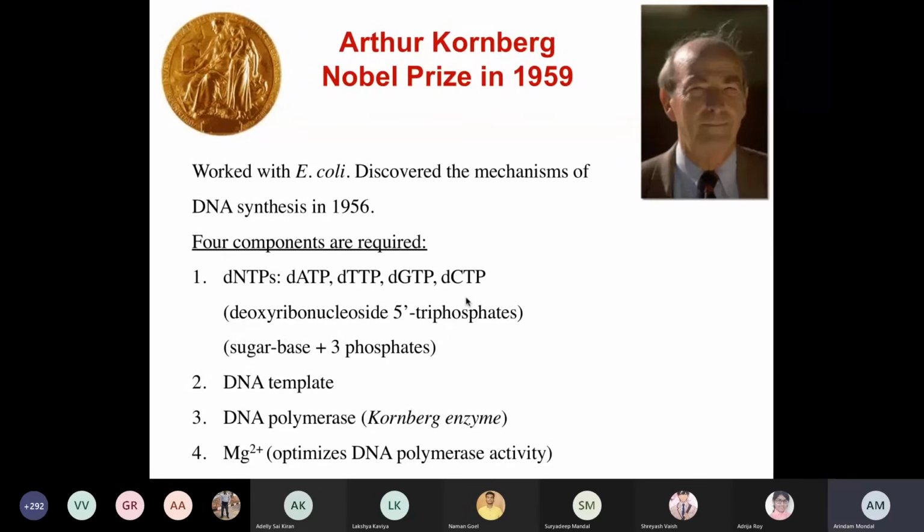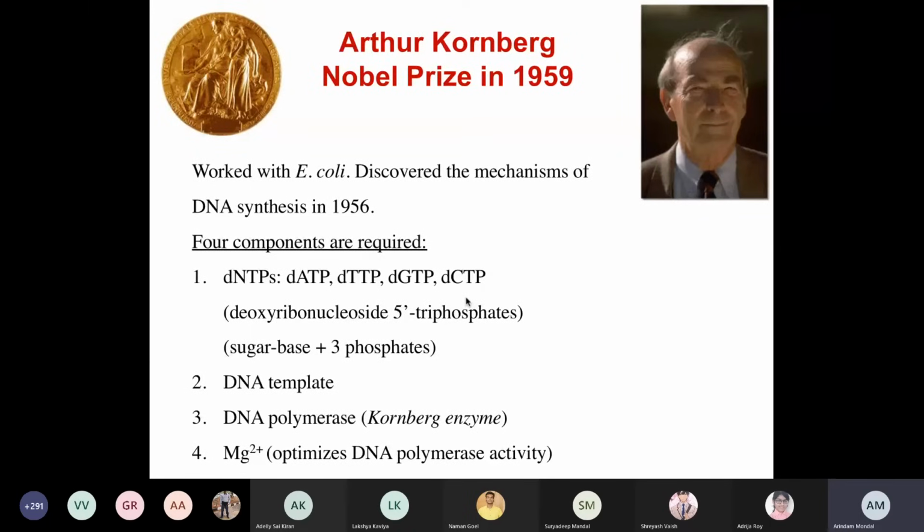But before going into the mechanism of DNA replication, I should mention that it's Professor Arthur Kornberg who elucidated or discovered the mode of DNA replication, and for that he received the Nobel Prize in 1959.